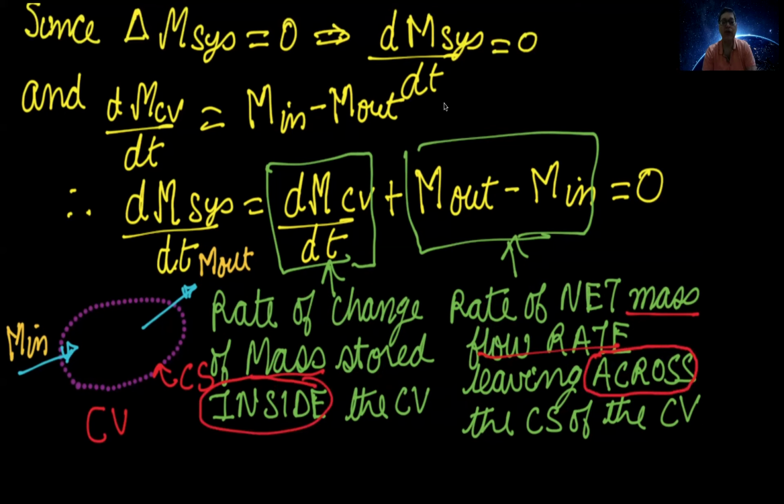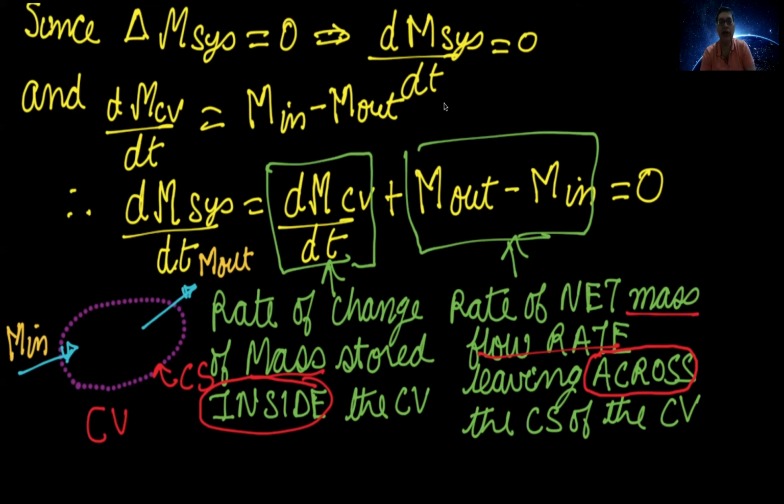I started with an example problem of a tank where there is a drainage of liquid to a bucket, and I have shown that over a time interval of delta t, the change in the mass of the system is equal to 0, whereas there is a change in the mass of the control volume related to the amount of mass entering and leaving the control volume over the time interval delta t.